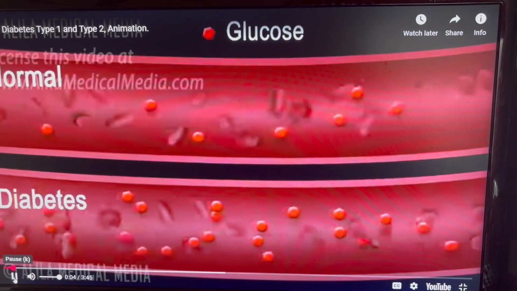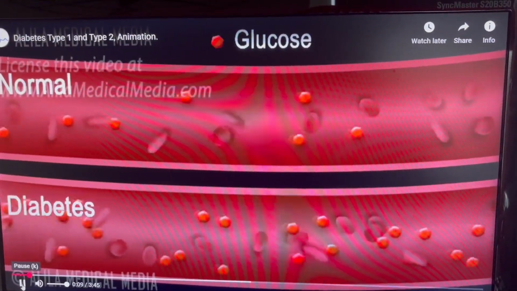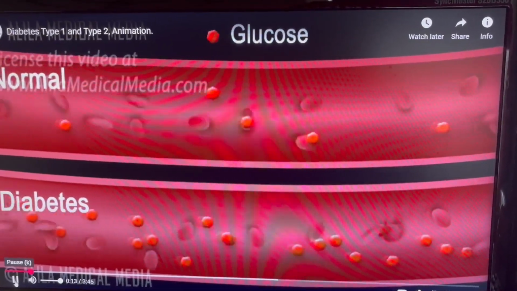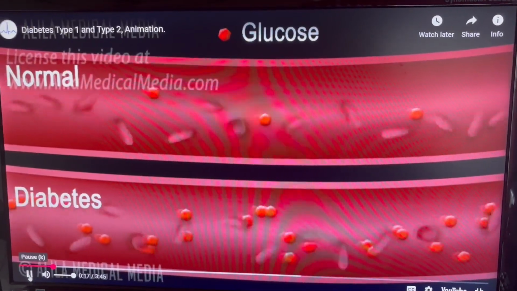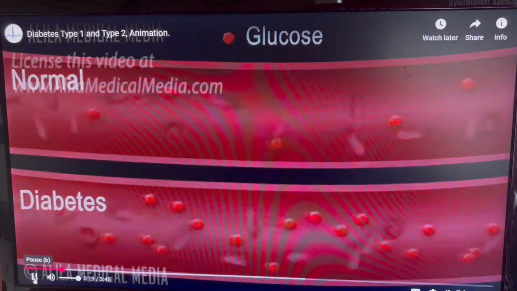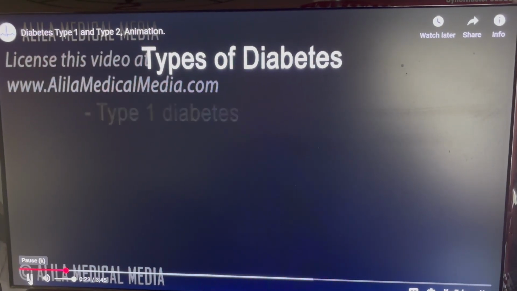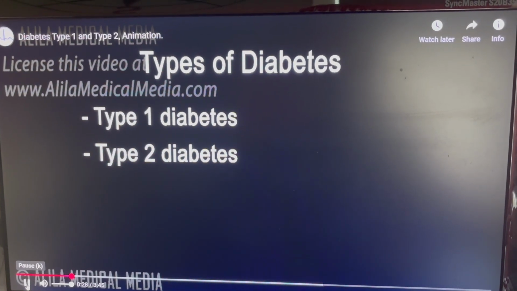Diabetes refers to a group of conditions characterized by a high level of blood glucose, commonly referred to as blood sugar. Too much sugar in the blood can cause serious, sometimes life-threatening health problems. There are two types of chronic diabetic conditions: type 1 diabetes and type 2 diabetes.